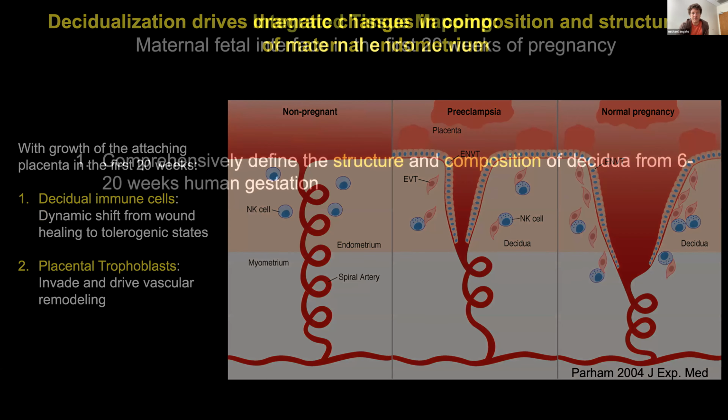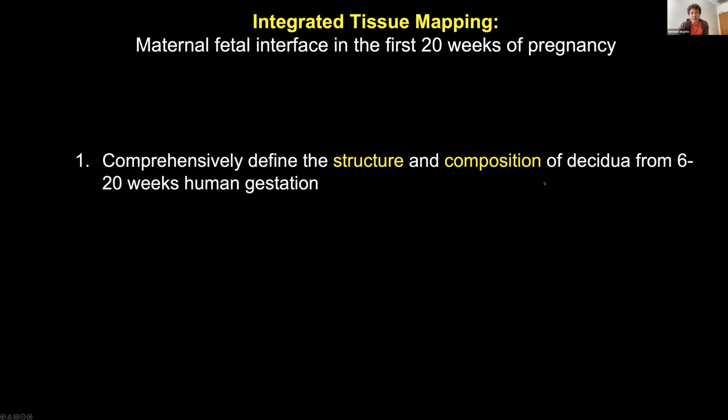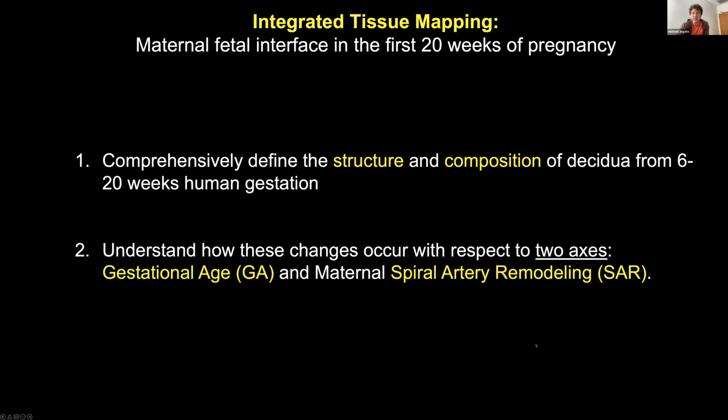So the two goals that we had were really to define the structure and composition of human decidua from 6 to 20 weeks gestation. What we wanted to do was understand how these changes are correlated with two axes. The first is the gestational age, so just how far along in time the pregnancy is. And the other is to understand if there's a secondary coordinate axis that is also driving some of these changes, which is what's going on locally around the spiral arteries and how that relates to the EVT.